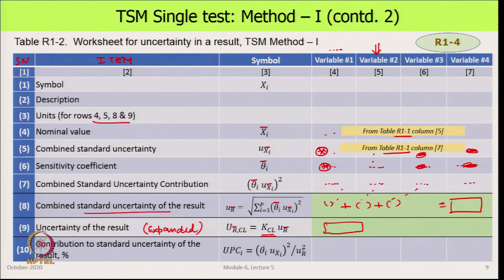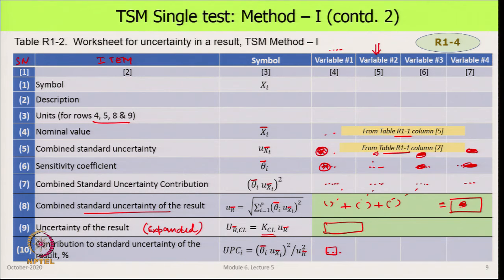And then if you want to look at the contribution of individual measurements to the result uncertainty, in the last row we can say contribution to the standard uncertainty of the result in percentage UPC I is equal to this square upon U r square. And so, what we do is, now that we have calculated U r bar here, this value, we divide this by this and square it up and put it over here.